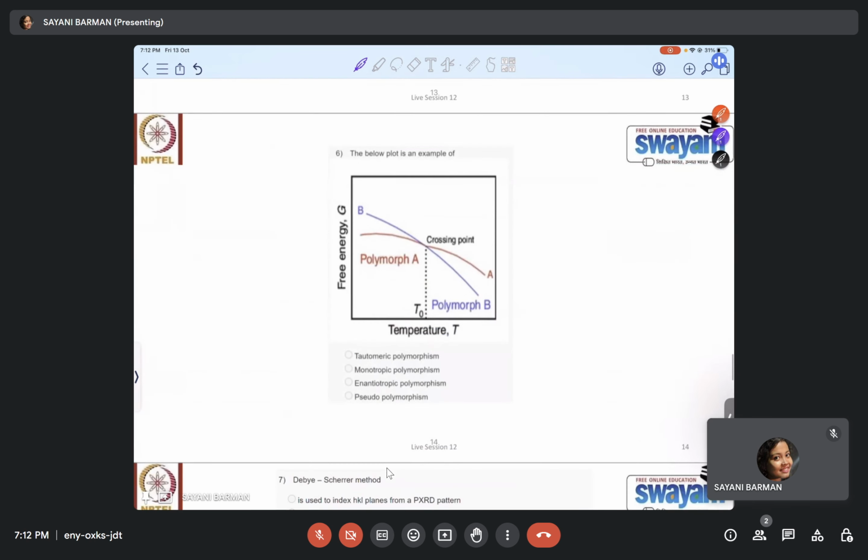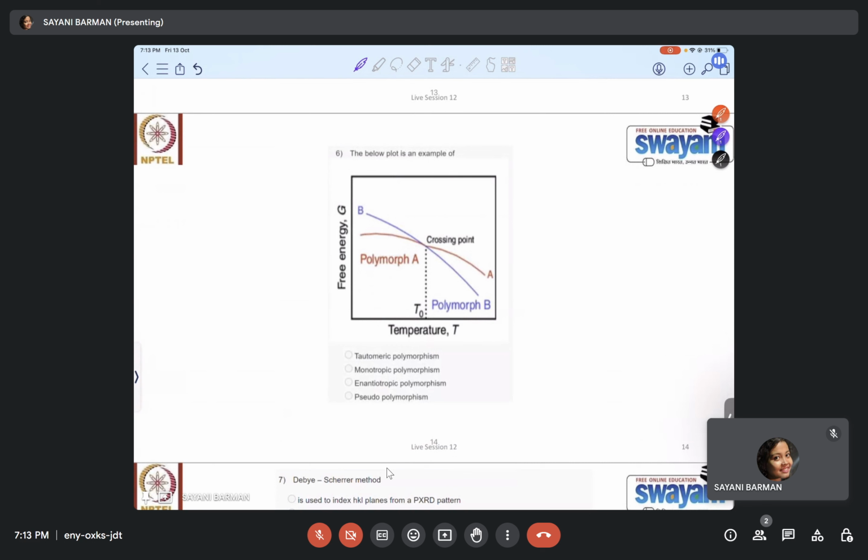The next one: the below plot is an example of tautomeric, monotropic, enantiotropic, or pseudopolymorphism. Firstly, we need to know what these terms mean. The first one is tautomeric polymorphism.